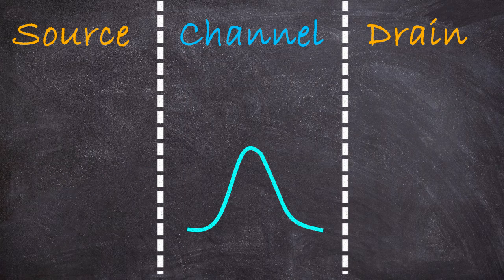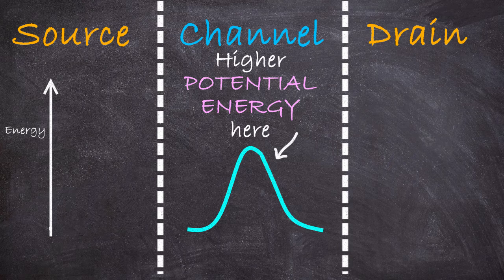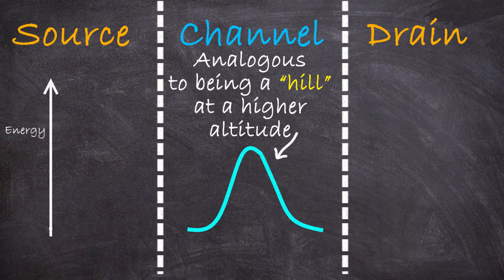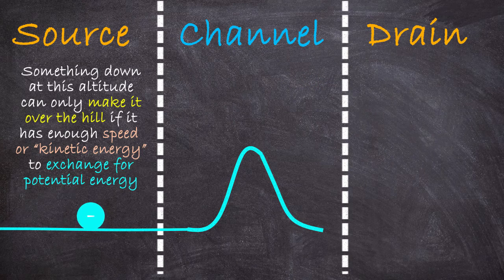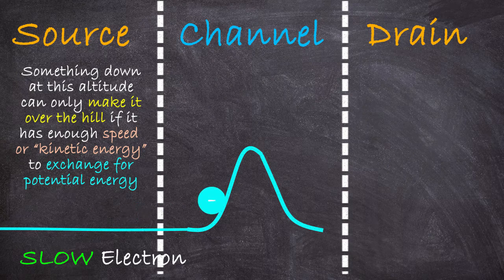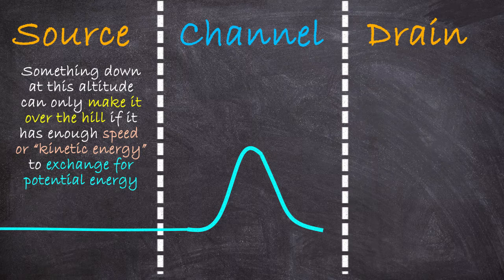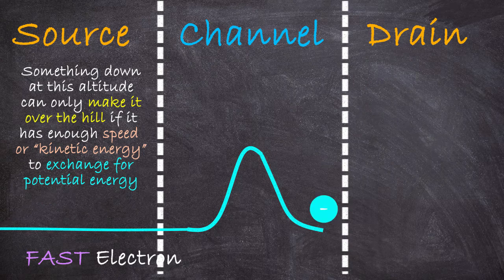But another way of thinking of this is in terms of potential energy. When the transistor is off, the channel region sits at a higher potential energy than the source region. You can literally think of this like its altitude is raised, so there's a big hill blocking the middle of the channel. And this is actually a pretty good analogy, because in terms of physics, a hill is just a region of higher gravitational potential energy, where here we have an area that has higher electrical potential energy.